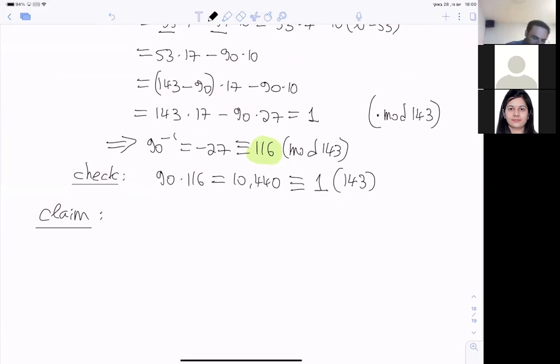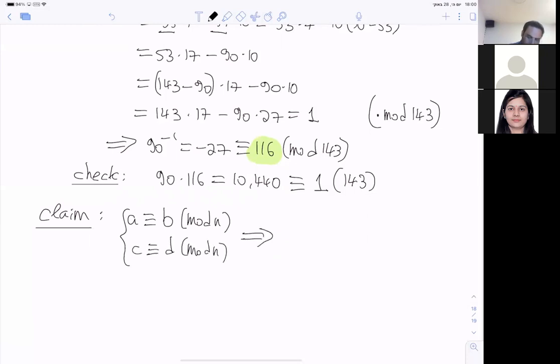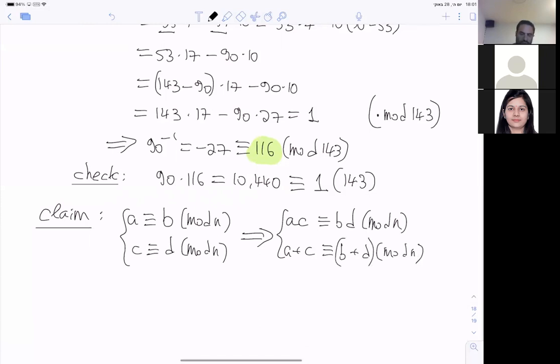If you have A congruent to B modulo N, and you have C congruent to D modulo N, then of course AC will be congruent to BD, and A plus C congruent to B plus D. Why is it true?